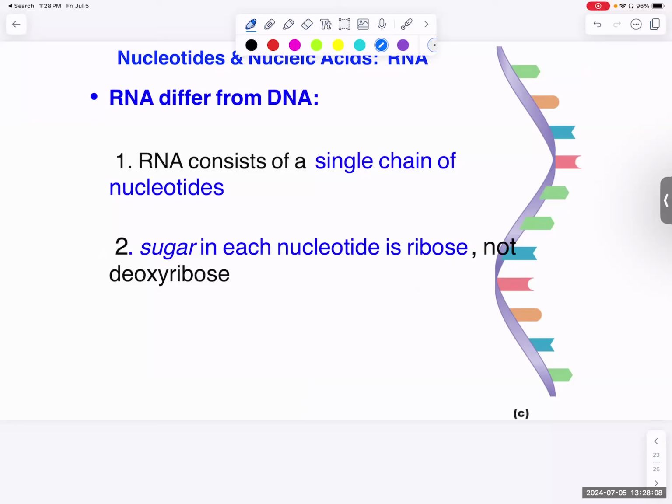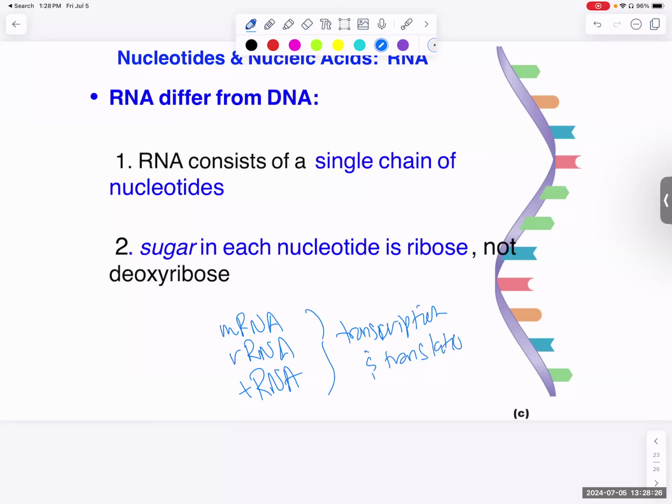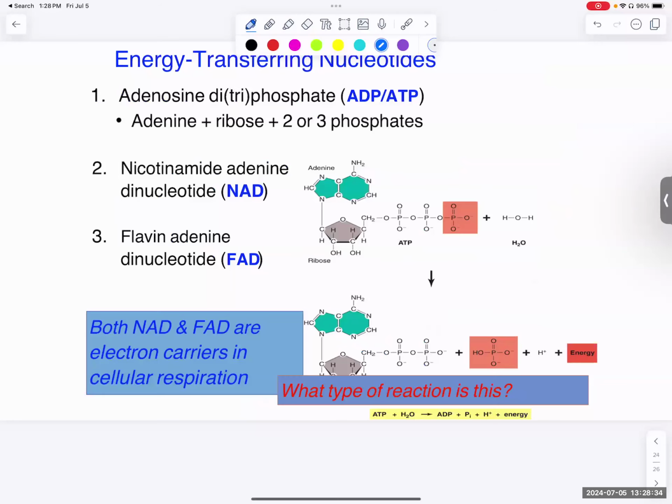It's a nucleic acid. RNA is also a nucleic acid. You have messenger RNA, you have ribosomal RNA, you have transfer RNA, and we'll talk about that in transcription and translation of proteins. Those are nucleic acids, and they are created off the DNA strand.